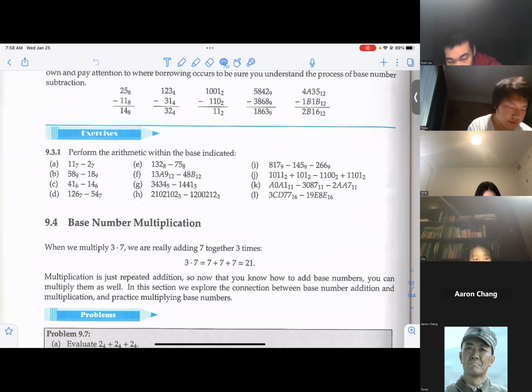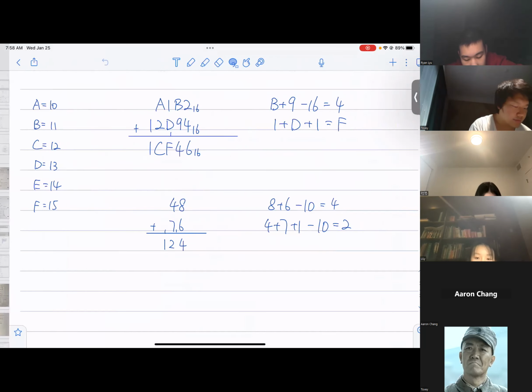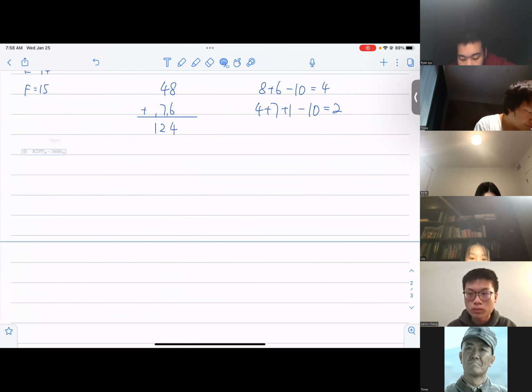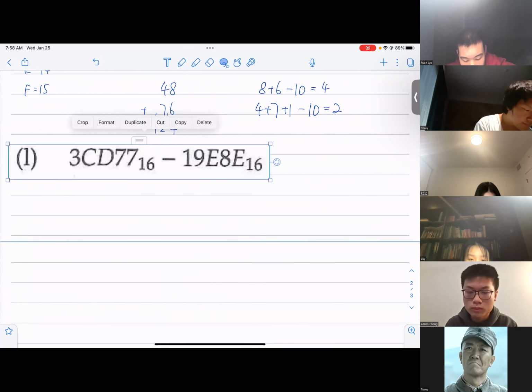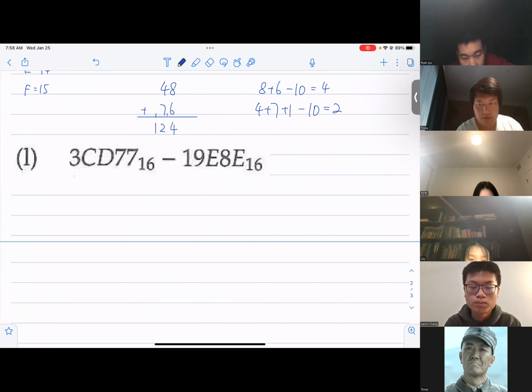With the letters, and let's just practice. So let's say we do one here, this easier one, and then we do K. K is where you're going to subtract 2 numbers. So this one, see if anyone wants to volunteer.